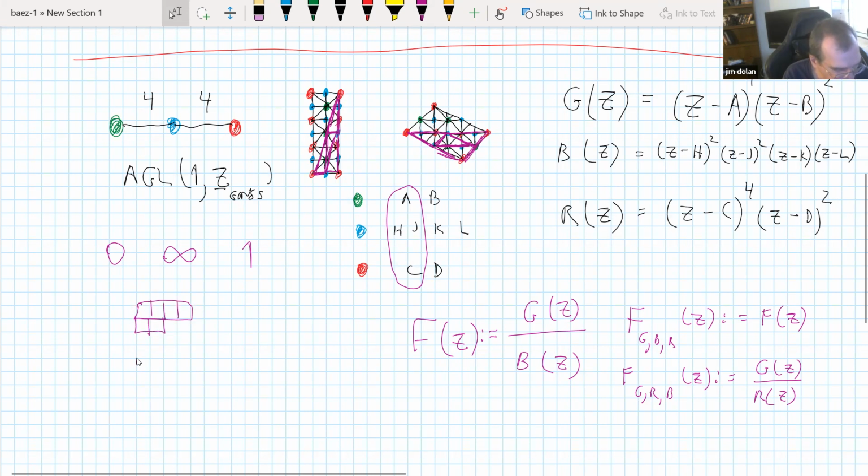And associated to the blue one, it should be this Young diagram like this. And associated to the red one, I guess, the same as the green one.